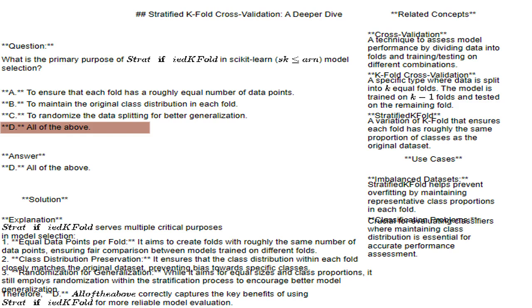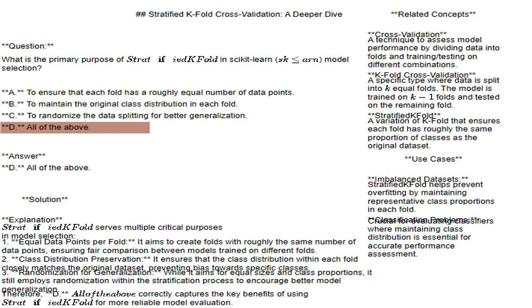Examples: training a recommendation system on a set of user data, splitting it into 5 folds and evaluating the system's performance on each fold; fine-tuning a sentiment analysis model by dividing a collection of product reviews into 10 folds and assessing its performance on each fold; evaluating the efficiency of a natural language processing model by dividing a dataset of news articles into 7 folds and testing its accuracy on each fold.